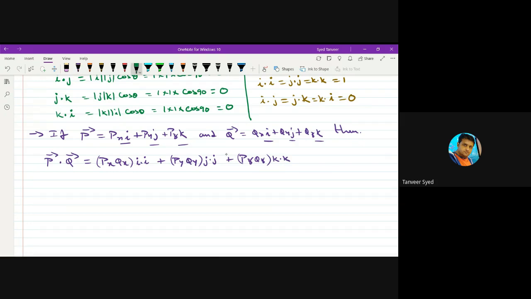And we know i dot i, j dot j, k dot k all are equal to 1. Therefore, vector p dot vector q is equal to px qx plus py qy plus pz qz.